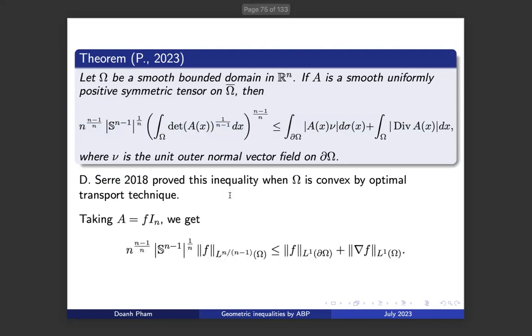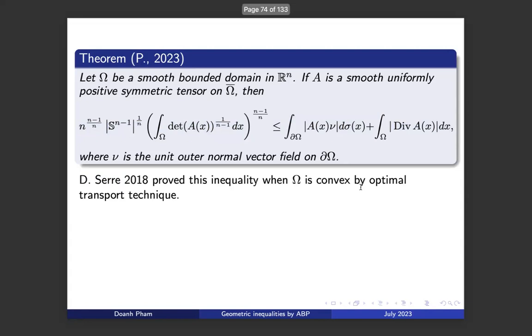He used the optimal transport technique instead of the ABP method. And because of the regularity issue, the convexity of omega is required in Dennis Sear's argument.